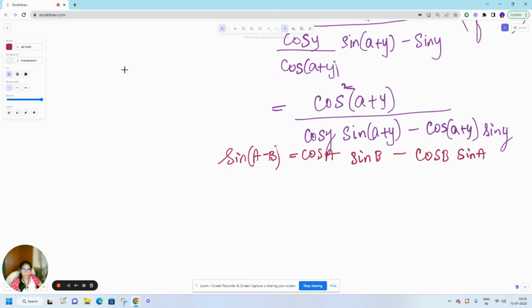Agree? Now what should I do? Cos square of a plus y divided by sine. What do I have in place of a? I have y. Okay.